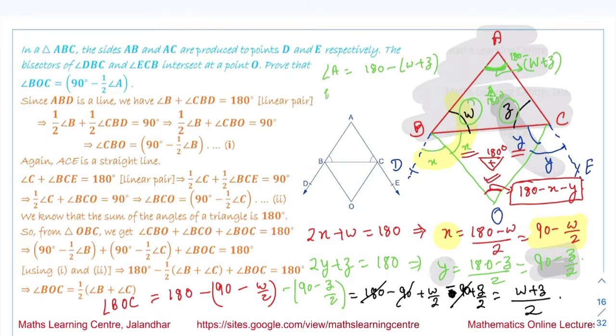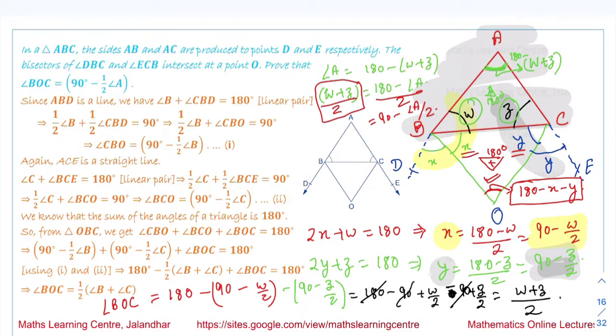So it means the value of W plus Z is equal to 180 minus angle A. On dividing both sides by 2, I will get (W plus Z) by 2 is equal to 90 minus angle A by 2.